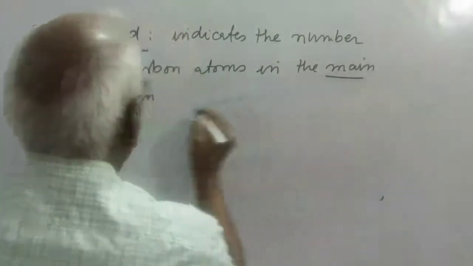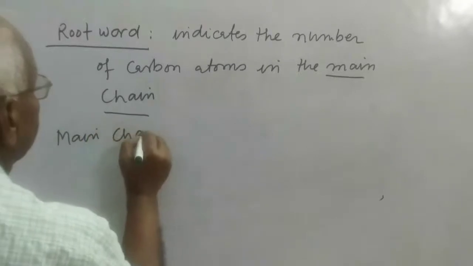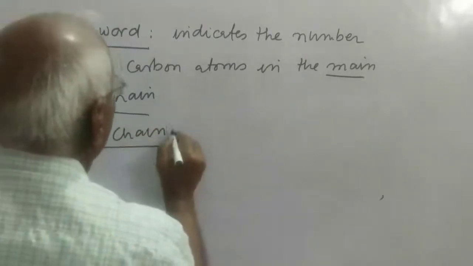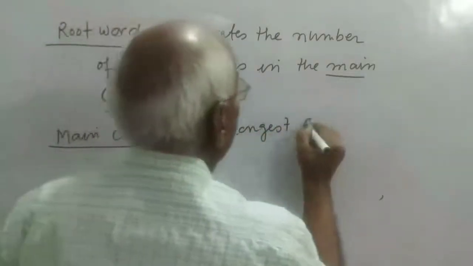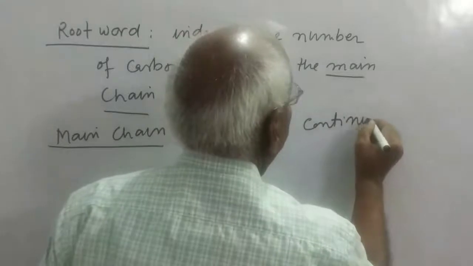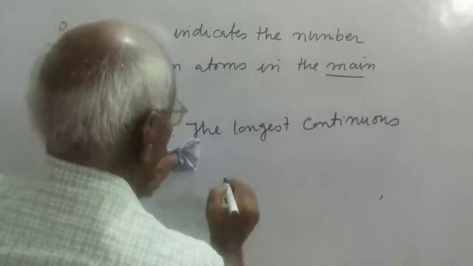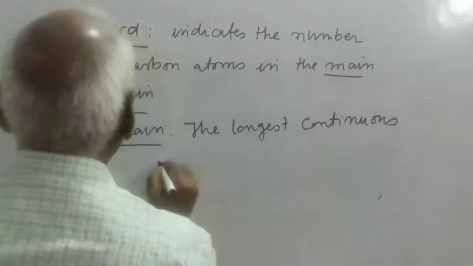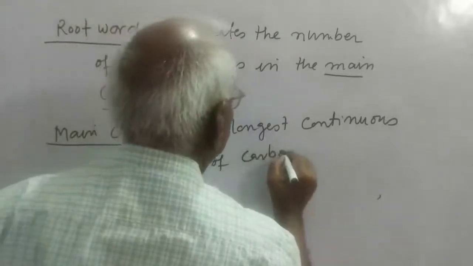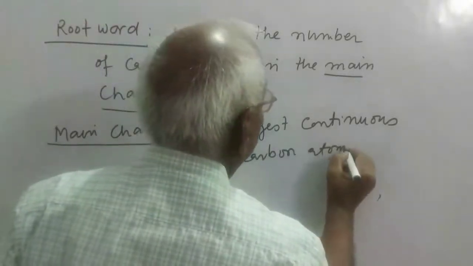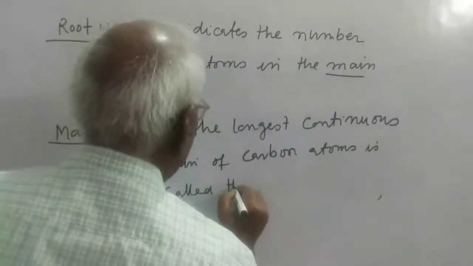What is the main chain? The longest continuous chain of carbon atoms is called the main chain.